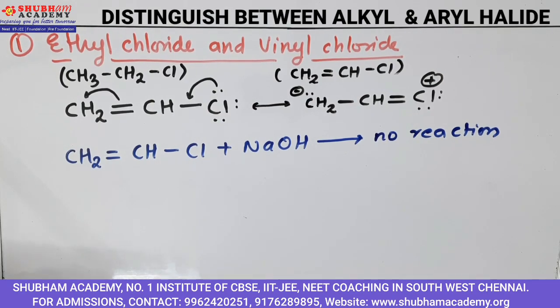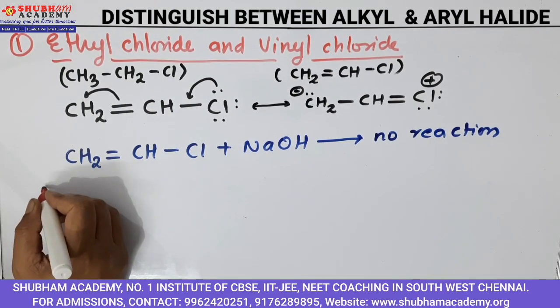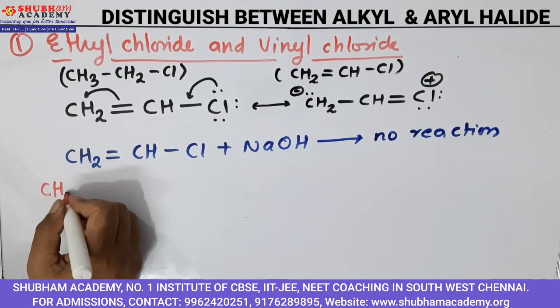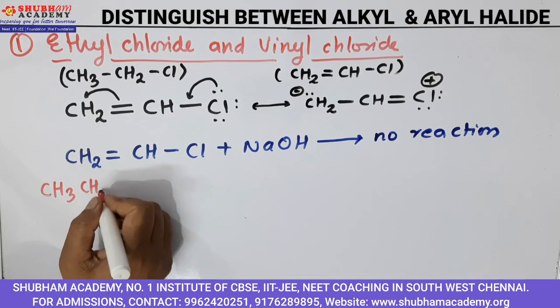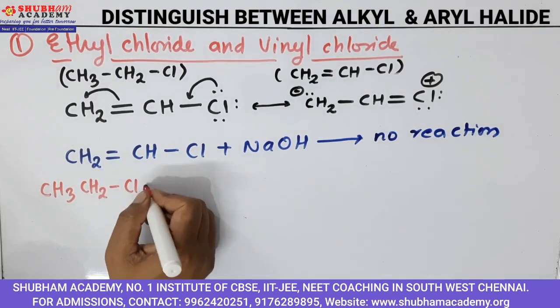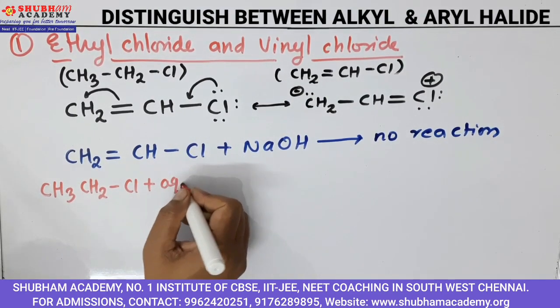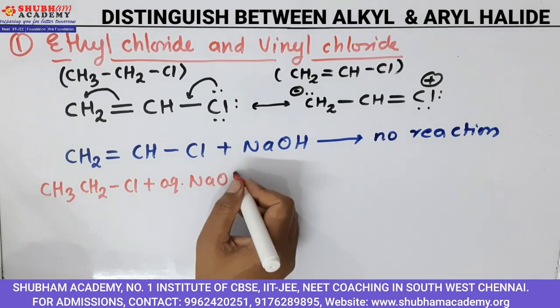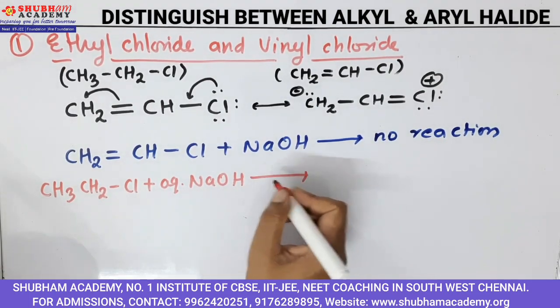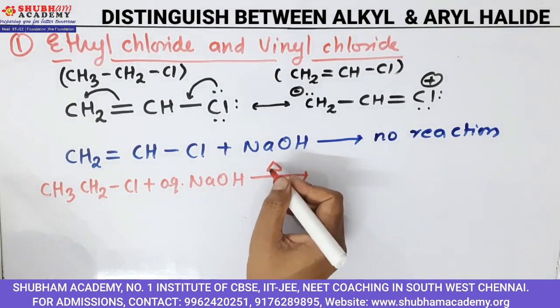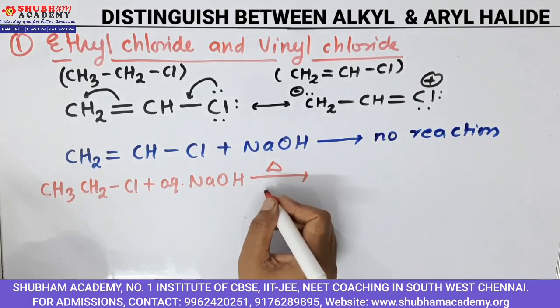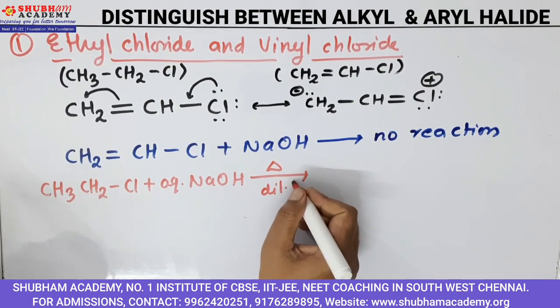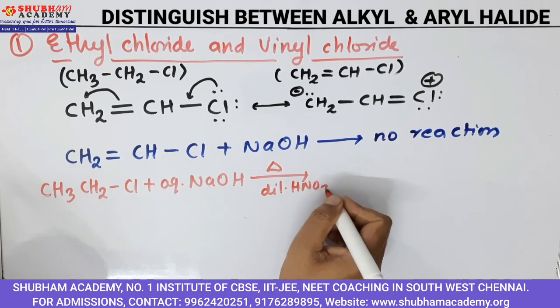If we are given an alkyl chloride, that is ethyl chloride, CH3CH2Cl plus aqueous NaOH, heat and add dilute HNO3.